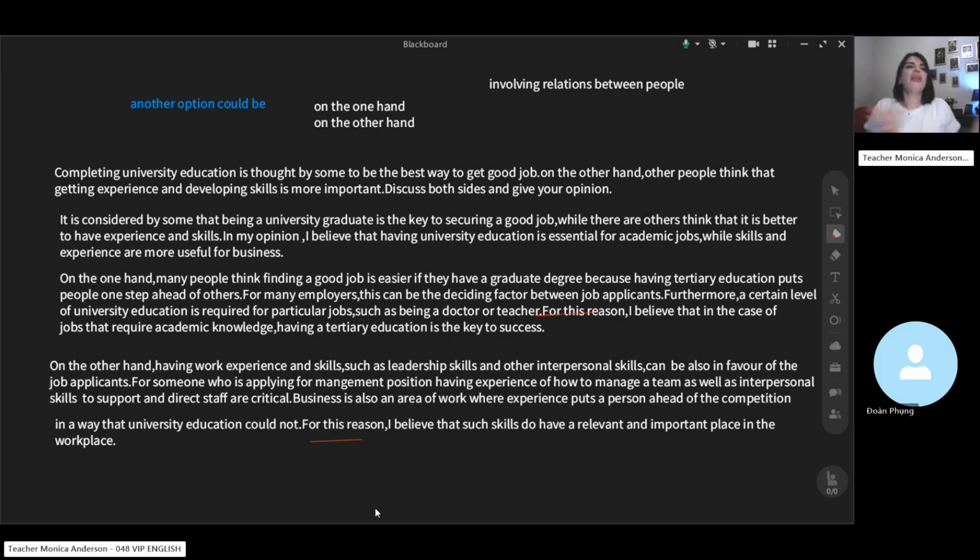But definitely the third main body paragraph is shorter than the first and second. It's short, just about 2 or 3 lines, because the more you write, the more mistakes you make.